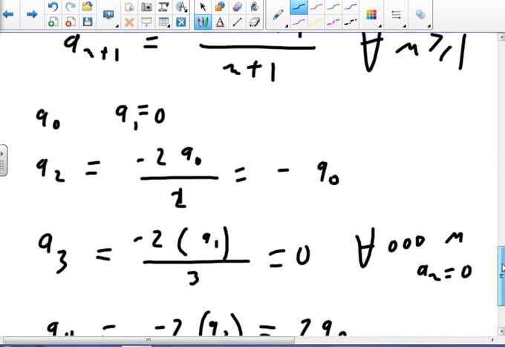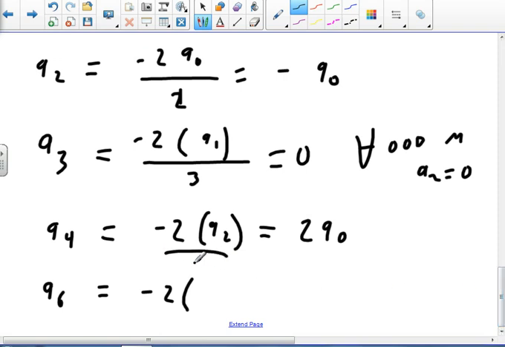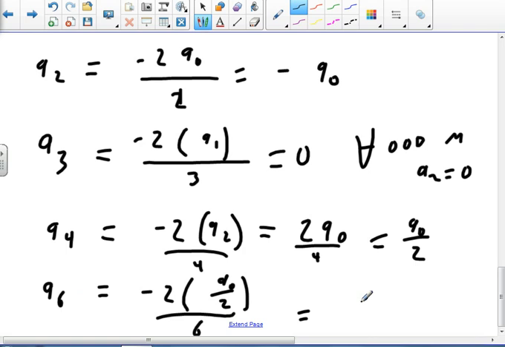I still have to divide by 4. So this is going to be a0 over 2. Now, a6, since a5 is 0, is going to be minus 2 times a0 over 2, divided by 6. All right, the 2 and the 2 go away. That's going to be minus a0 over 3 factorial.